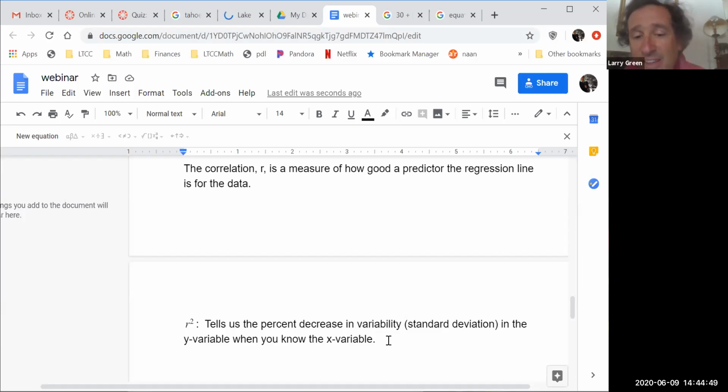But let's say it's 70% less variability on average if you looked at a certain grade instead of looked at the whole school. Then what you would say is that R squared for measuring year or age versus height is about 0.7. Because knowing the age will decrease the variability in height by around 70%. Can you picture that?